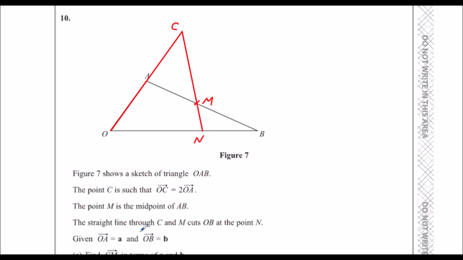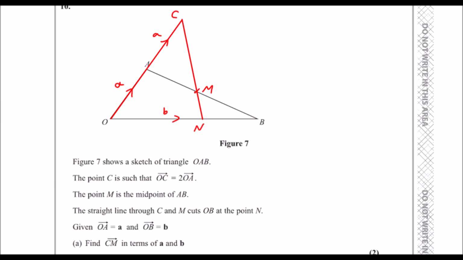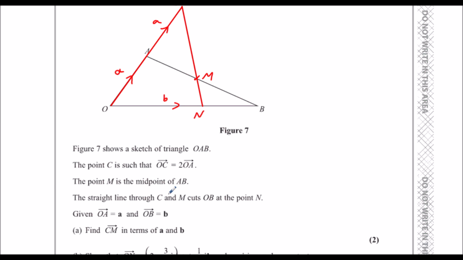Given that O to A is a, O to B is called b, so the whole of O to B is called b. Find C to M, and M is a midpoint, in terms of a and b.